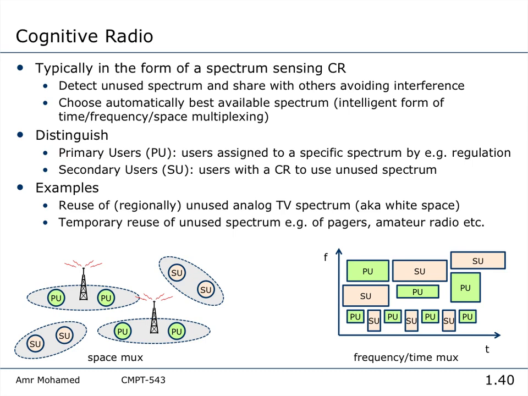If the primary user is using the spectrum, all of us have to abide. We cannot use the spectrum because this primary user paid thousands of dollars. So we agree he has the highest priority. But if he's not using it, first of all, how do we know that he's not using it? By sensing. We measure the energy level and so on, and then we say, okay, he's not utilizing it.